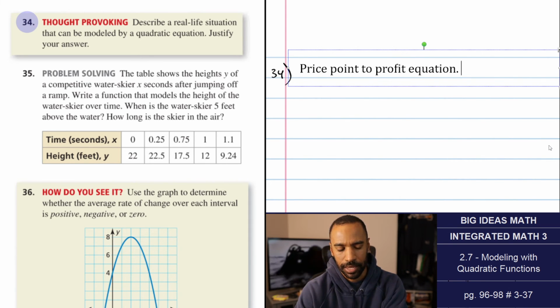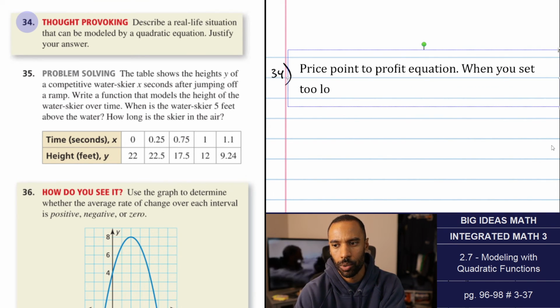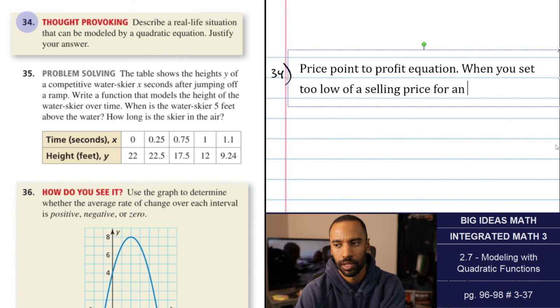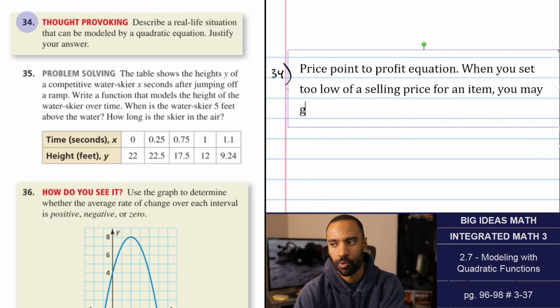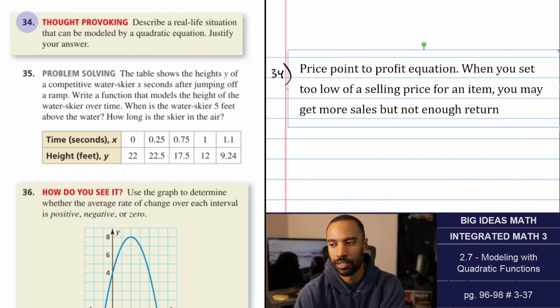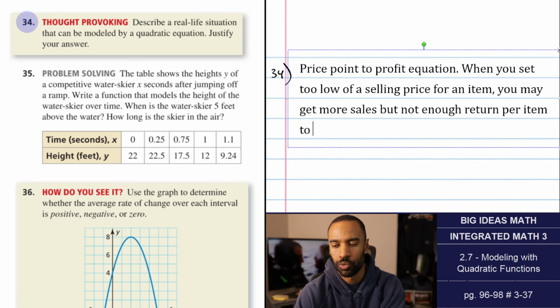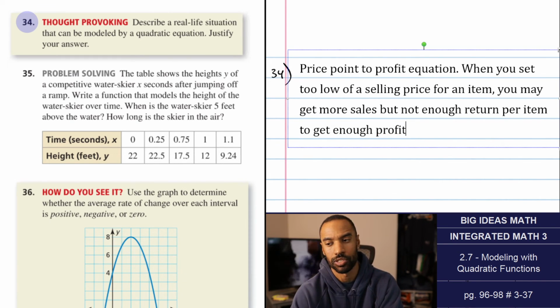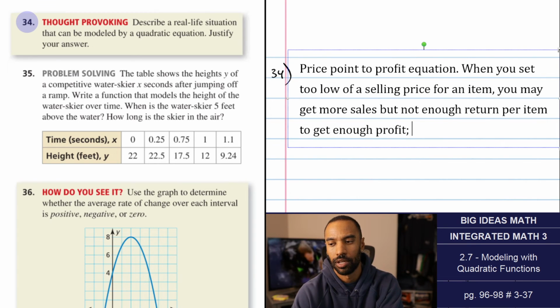So this is basically price point. What I mean by this is when you set too low of a selling price for an item, you may get more sales, but not enough return per item to get enough profit. And remember, profit includes costs, so there's that involved as well.